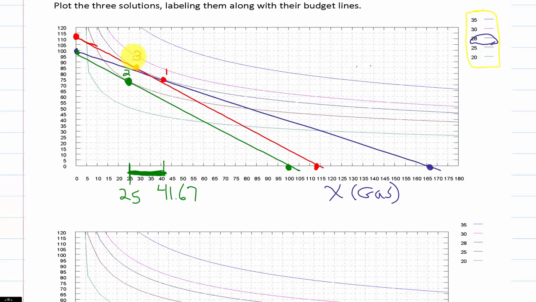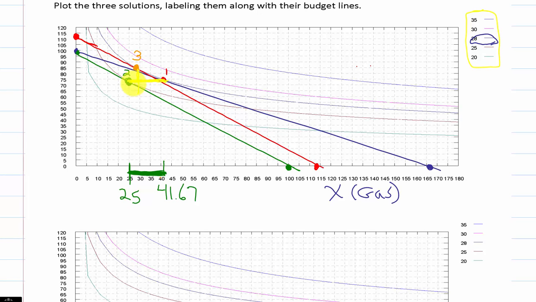So when we break apart the total change here in the amount of gas bought, the amount of X, that's a difference here of about 16.67, right, between 25 and 41.67. What this hypothetical decomposition basket does is it allows us a way to break that total change into 2 parts. And so here's the total change in yellow. That point allows us to split it. And part of this is going to be the income effect, part's the substitution effect.